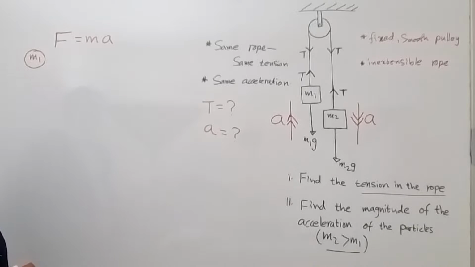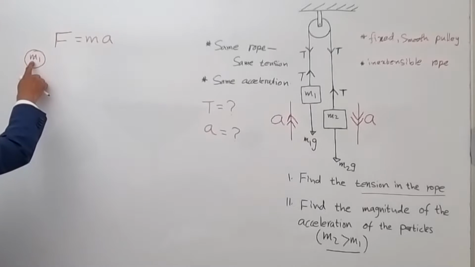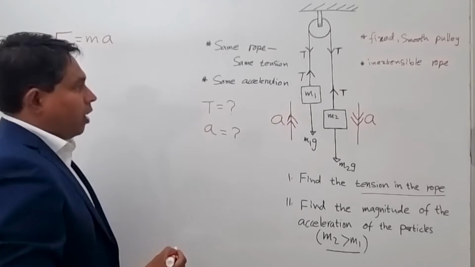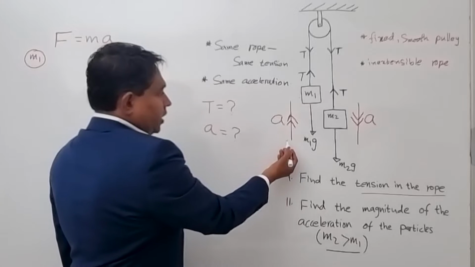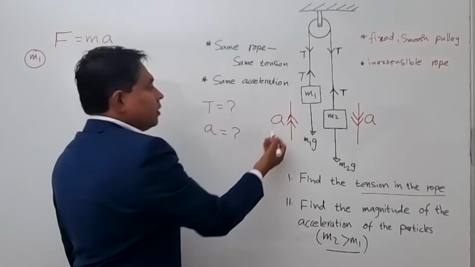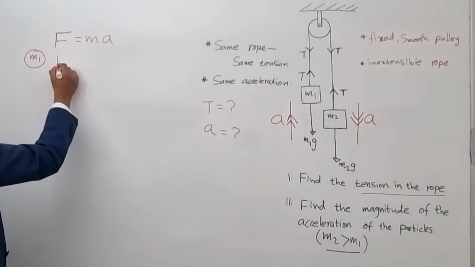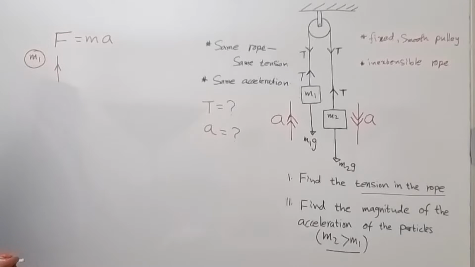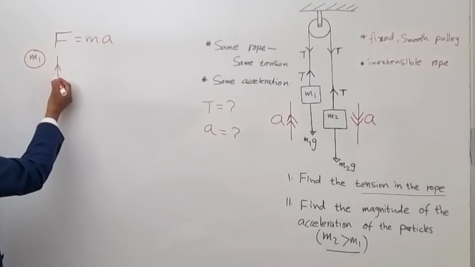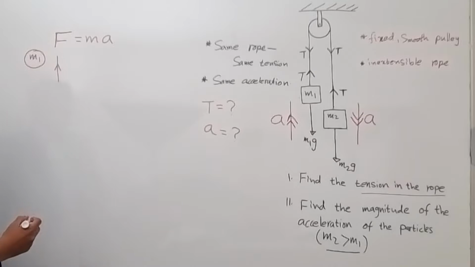Therefore, when I write this equation for particle m1, I'm going to take the moving direction as the positive direction. This one is going up, therefore I take the upward direction as positive. Essentially, all forces upward we take as positive, all forces downward we take as negative.